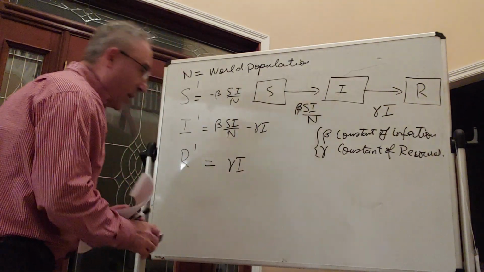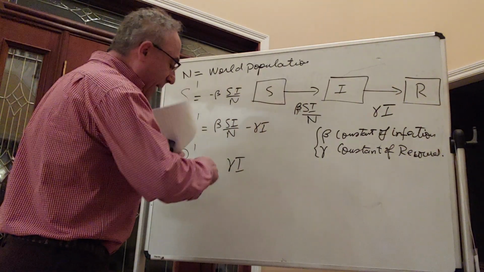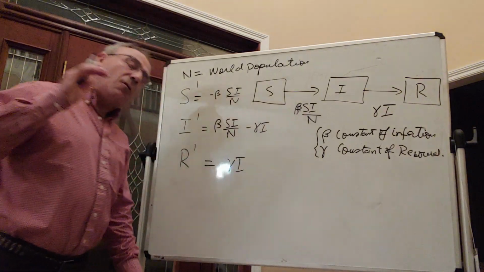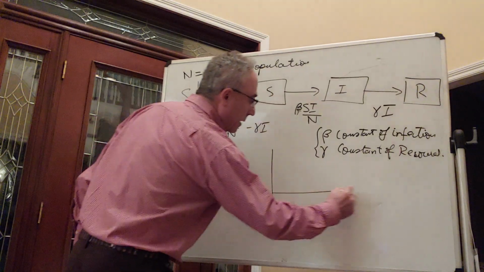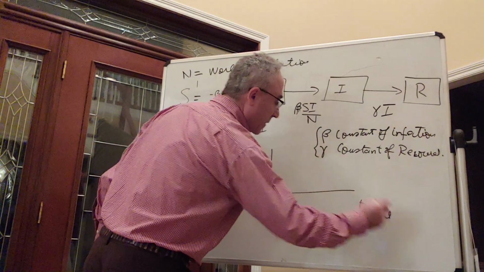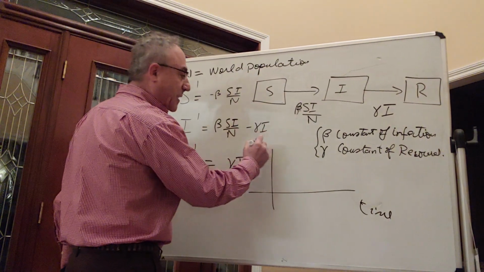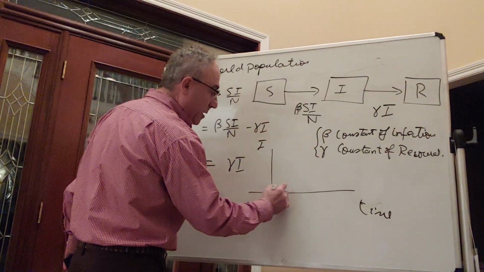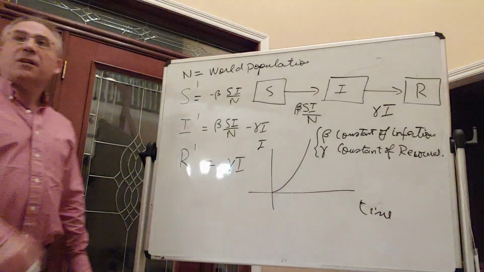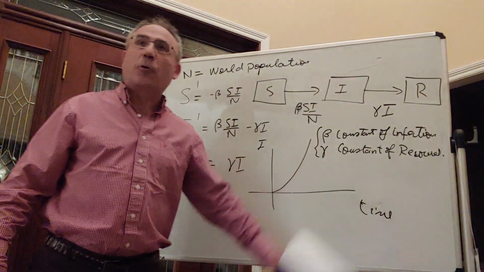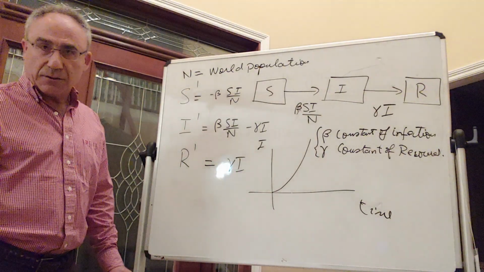Based on the last ten days, this is time, and this is the number of infected. The graph was growing exponentially. That is very, very scary. In a very short time, the whole population of the world would be infected.